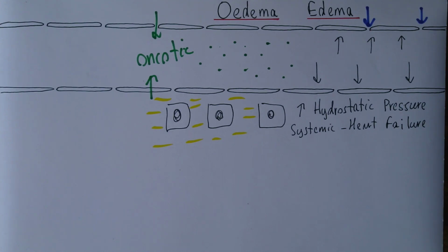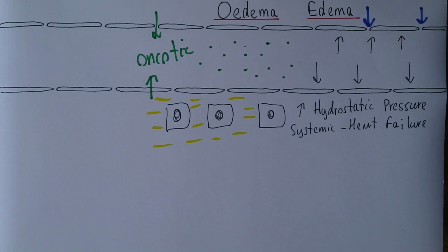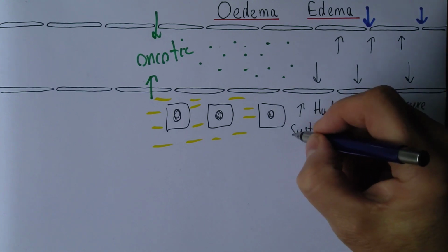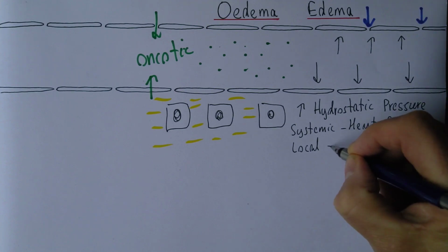If there's a left heart failure, a left ventricular failure, that could initially lead to pulmonary edema. So we've got systemic as one possible cause, local, or relatively local as another.